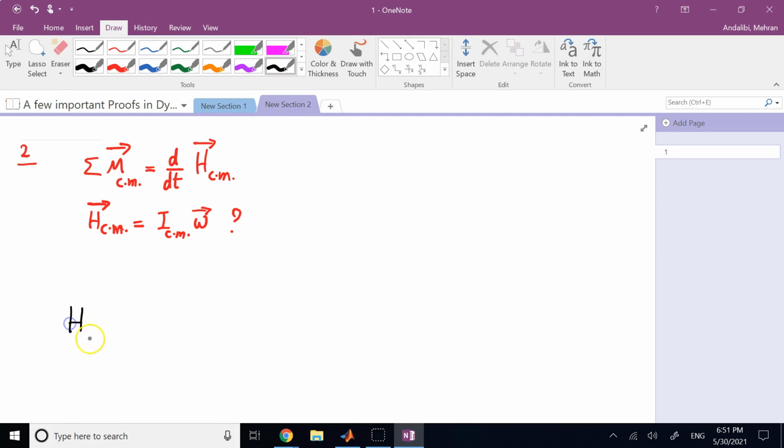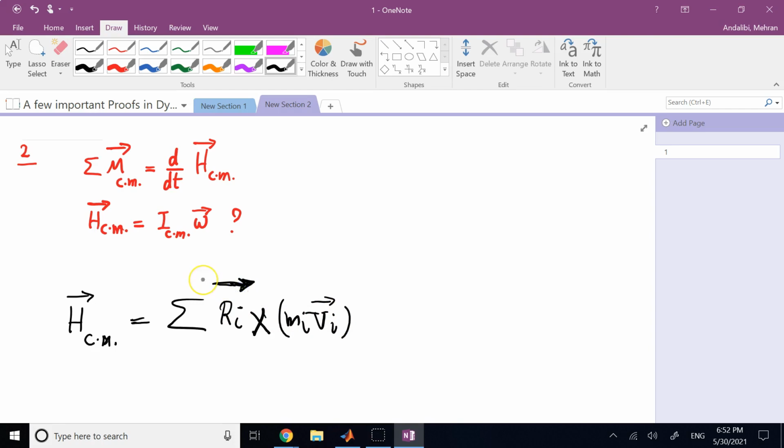So H about the centroid was, for a system of particles, summation of Ri cross Mi Vi. Correct?